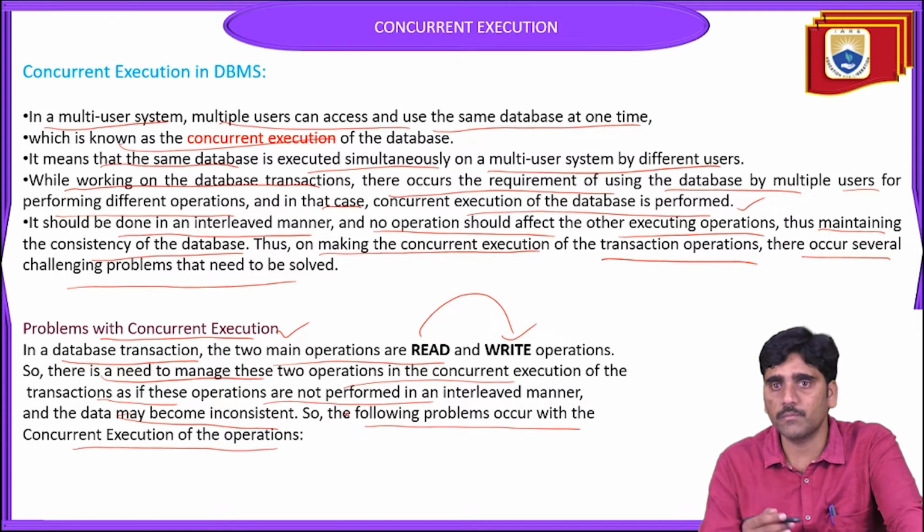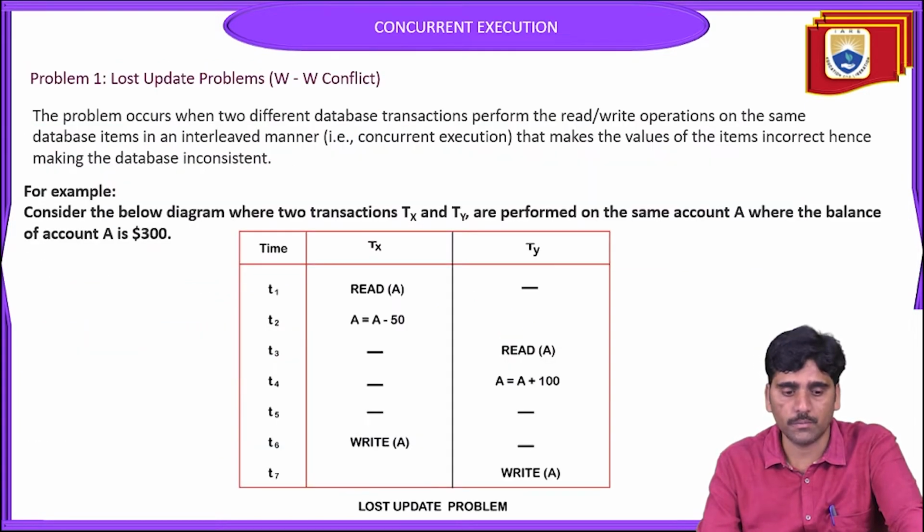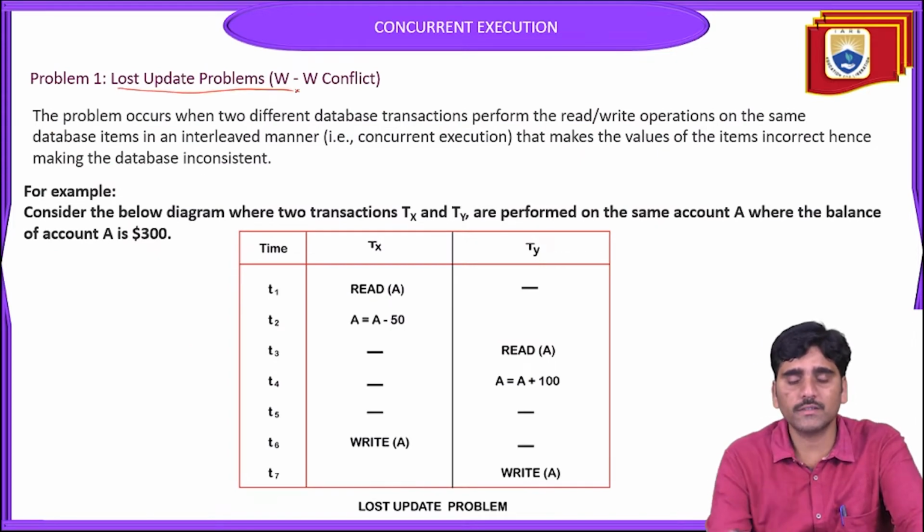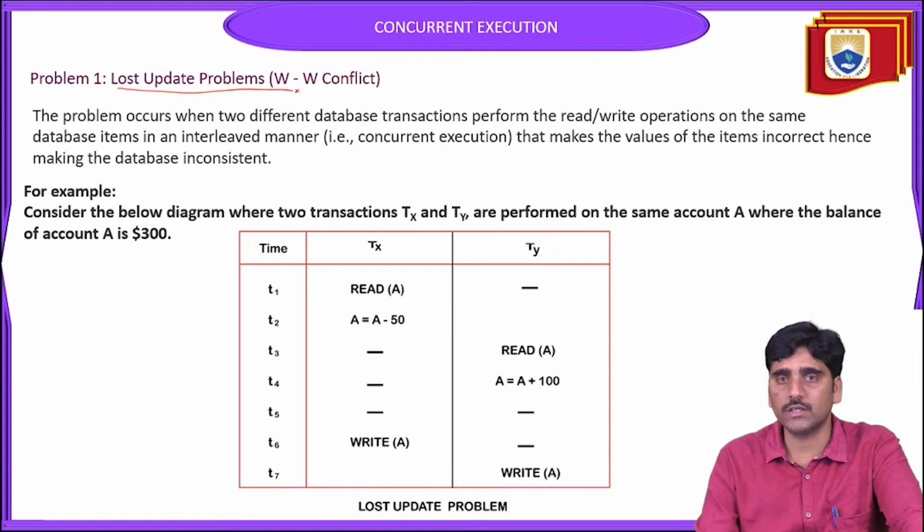We will see what different types of problems occur by doing these concurrent execution operations. So the first one is what? Problem 1 is the lost update problem, which is nothing but a write conflict.